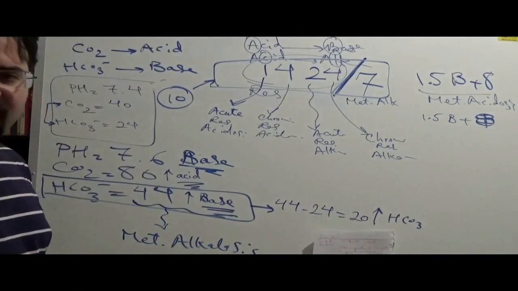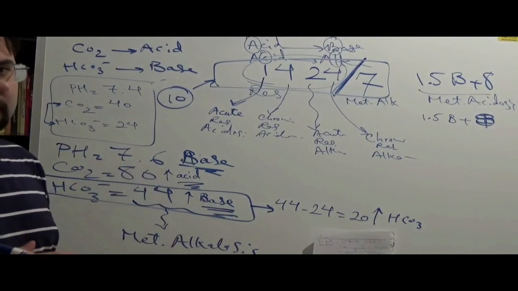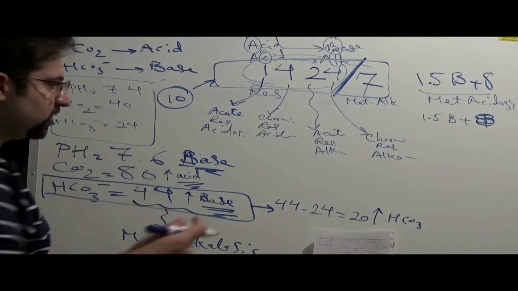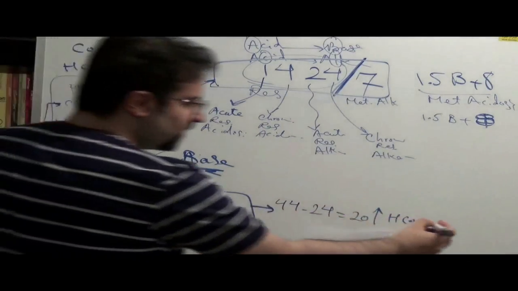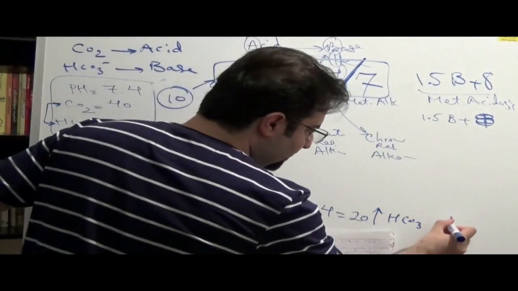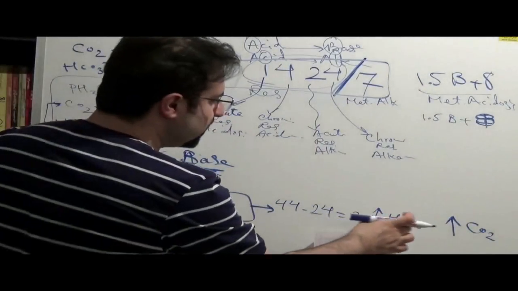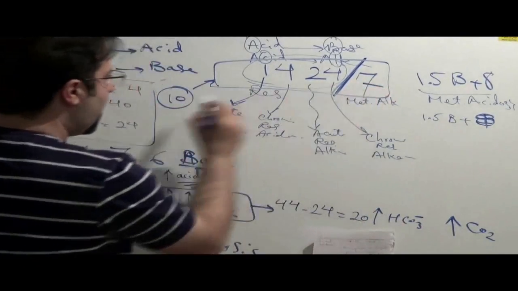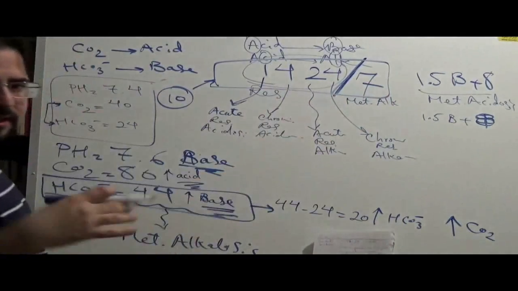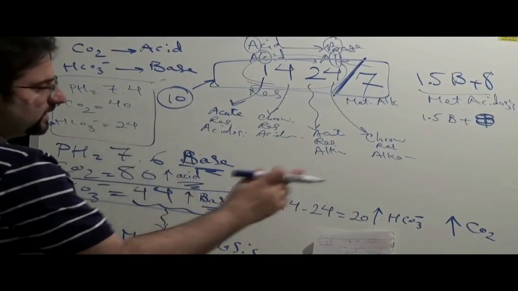As we said, every compensation is in the same direction. So when we have a 20-point increase in bicarbonate, first of all, we have an increase in CO2 if we want to compensate anything. When we have a 20-point increase in HCO3 minus, we have a 7-point increase for a 10-point increase in bicarbonate.